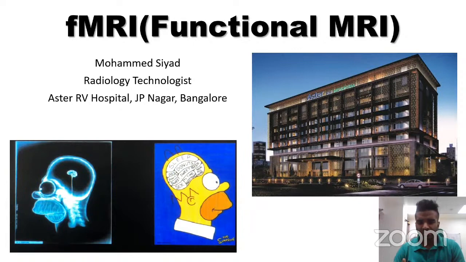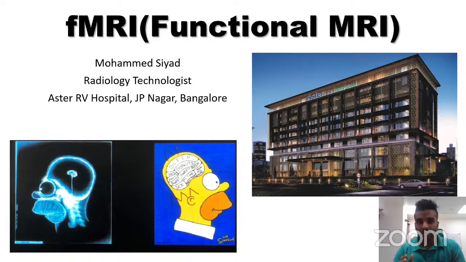For example, when you think of something, or see something, or tap your fingers, or move your foot, there are different centers or regions in your brain which control these different activities.